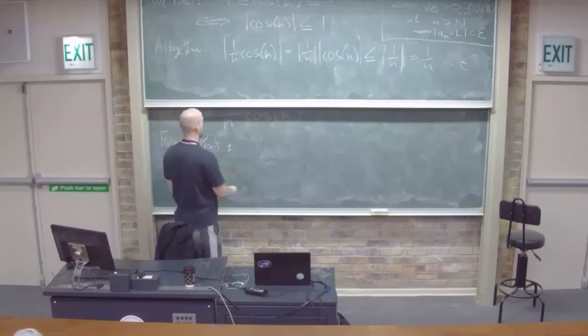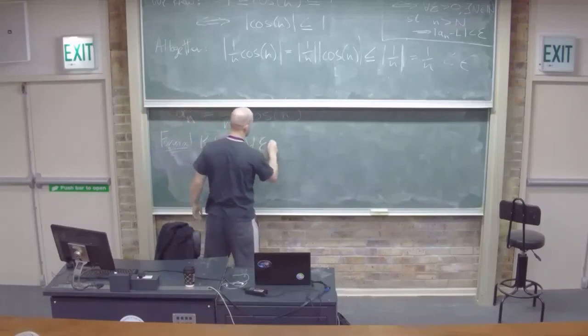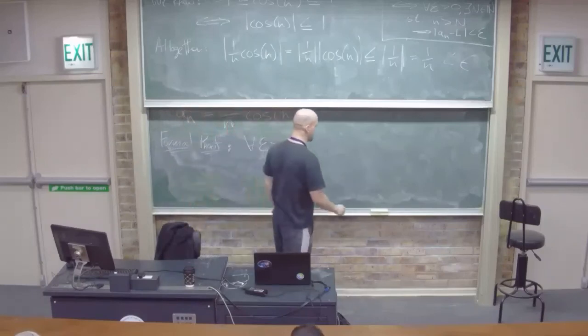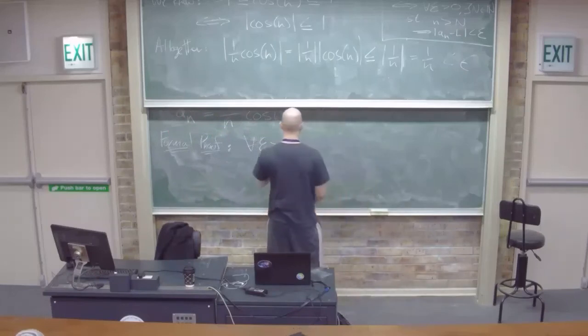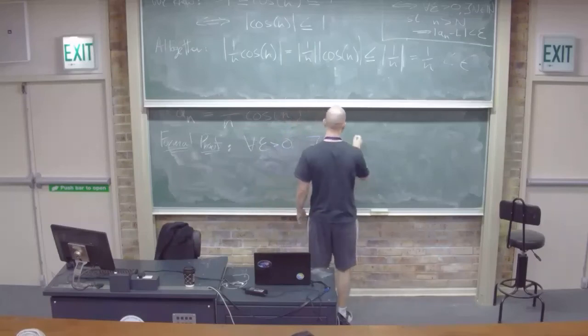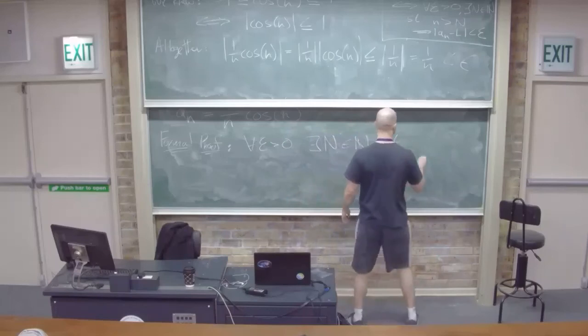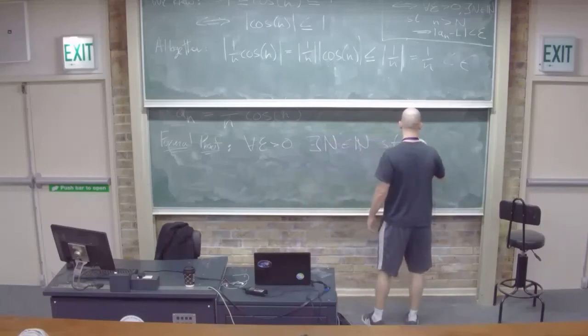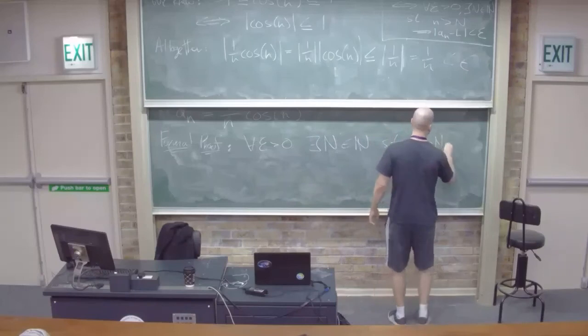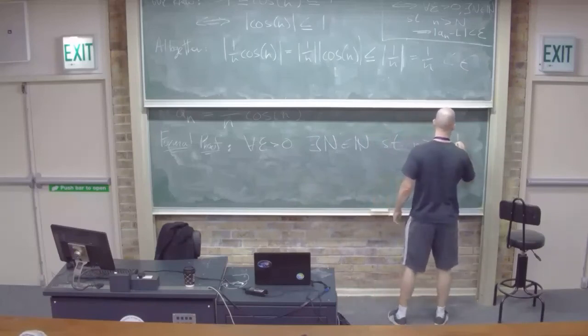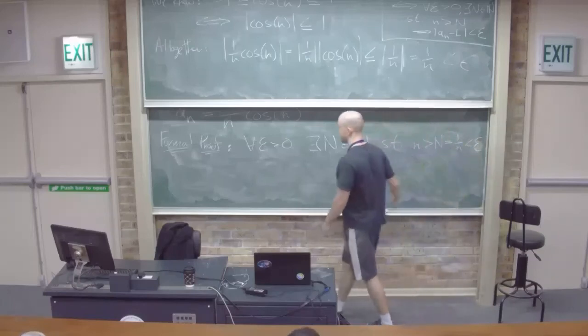Now I'll just use a different thing each time, just so that we see all the examples of things that are acceptable. We will say that there exists a capital N such that n greater than N implies 1 over n less than epsilon. Okay, so we're going to jump to that step.